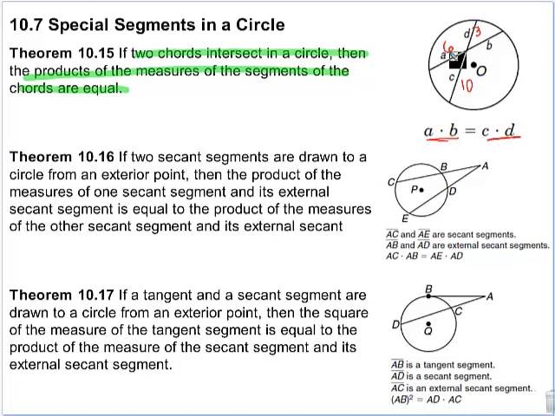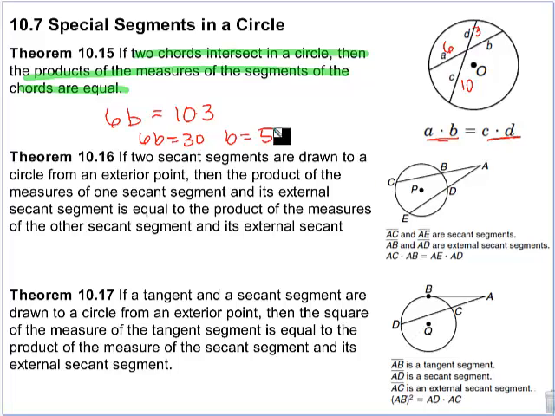We go, okay. Well, 6 times our B, because those two are on the same line, should equal 10 times our 3. So that's 30. So 6B is 30, so B would be 5. Okay. So when we're intersecting inside like that, when we have the two chords, just look at their products.